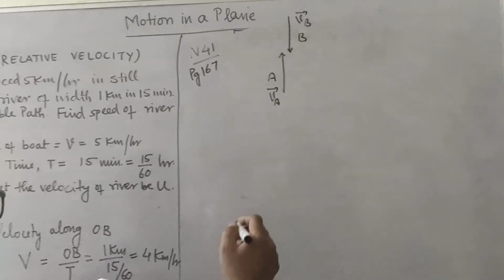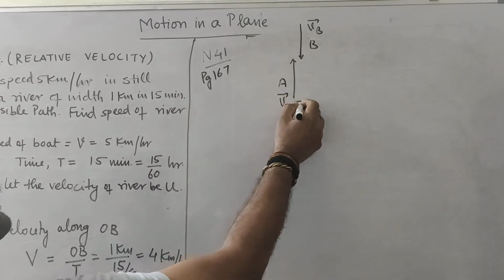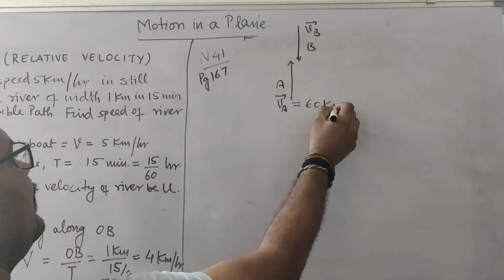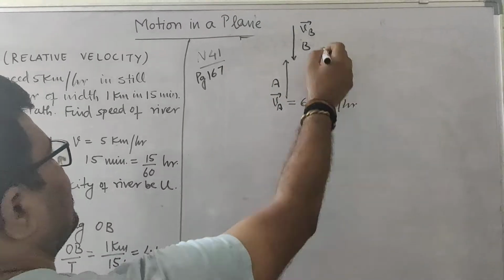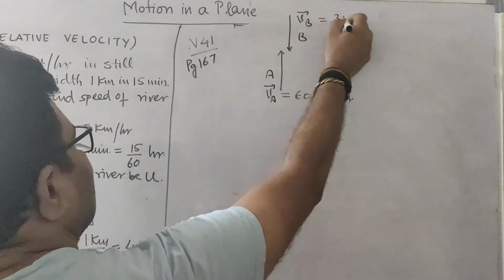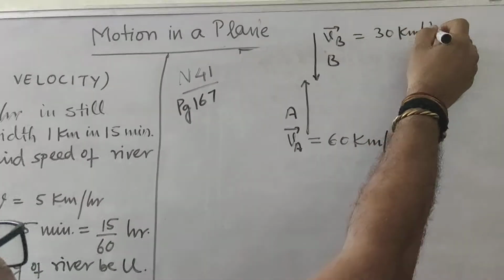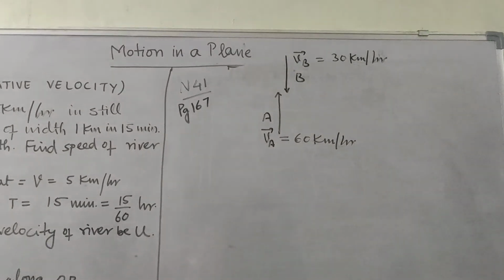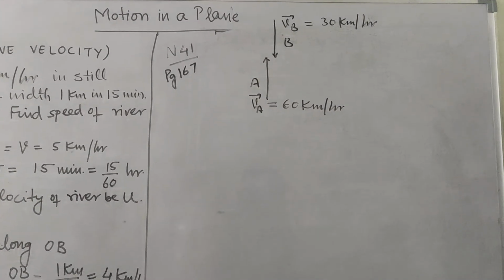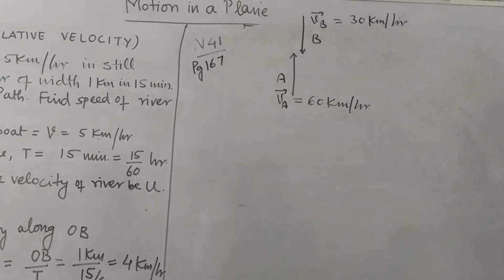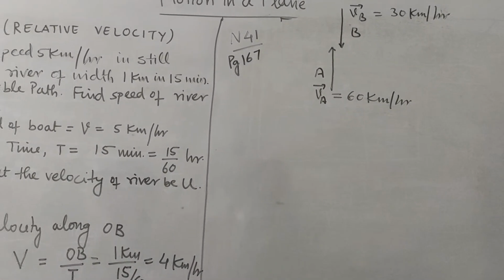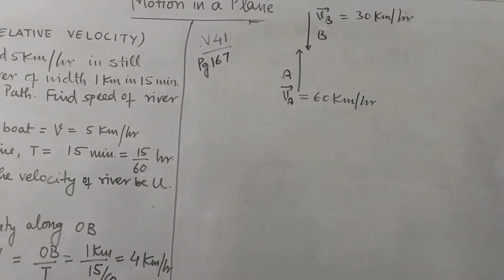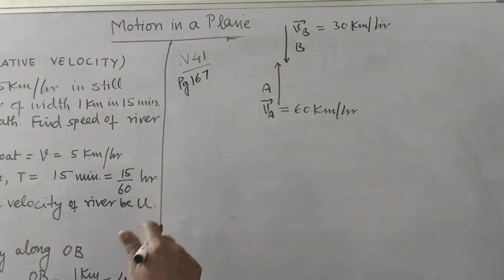VA is given as 60 km per hour and VB is given as 30 km per hour. Both are approaching each other at t equals 0. That is when the train starts, t equals 0. The distance between the trains is 90 km. They are far away.